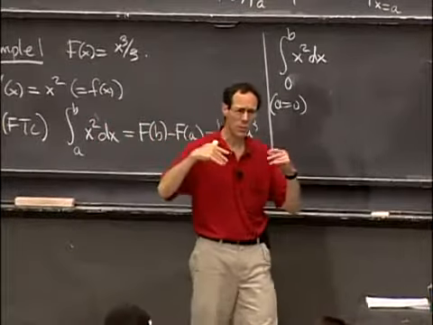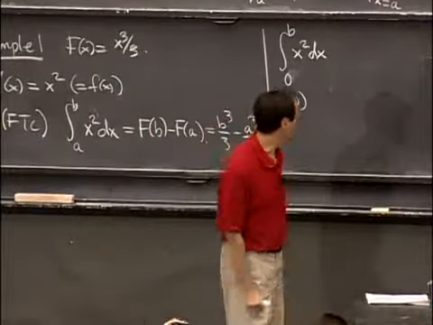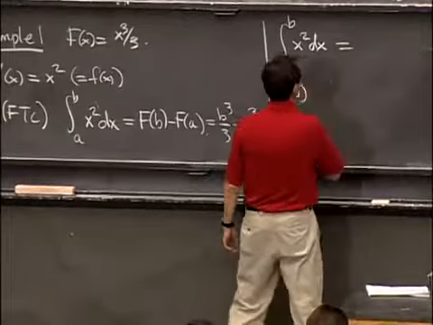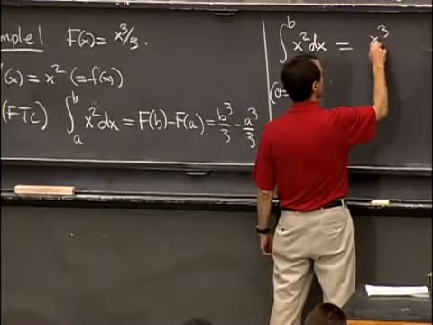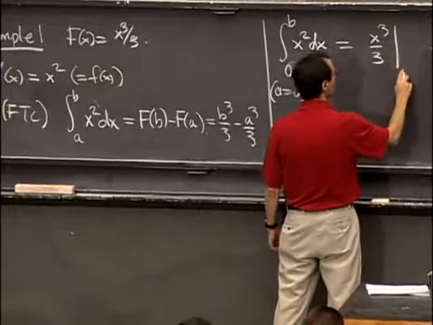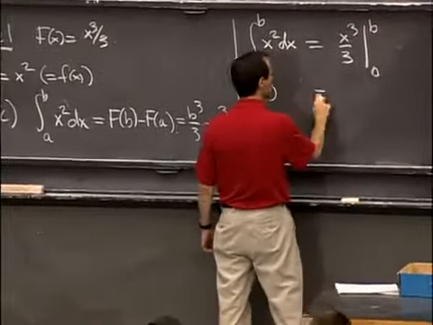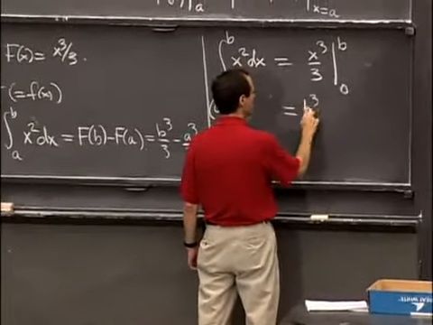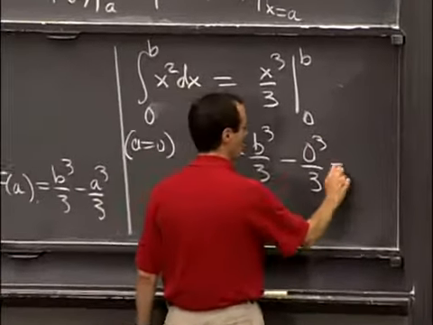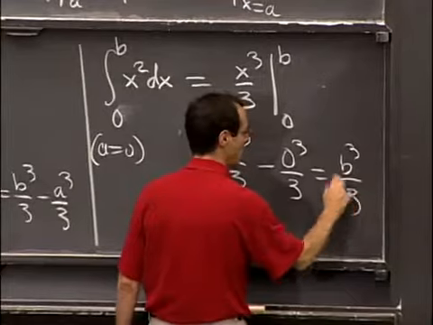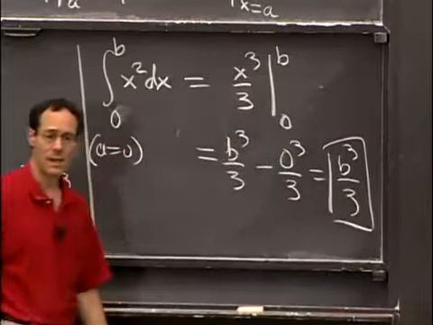But now you can see that we can do it in 10 seconds, let's say. The antiderivative of this is x cubed over 3. I'm going to evaluate it at 0 and at b and subtract. So that's b cubed over 3 minus 0 cubed over 3, which, of course, is b cubed over 3. And that's the end. That's the answer.